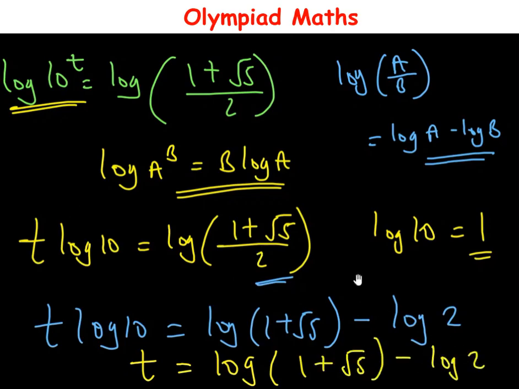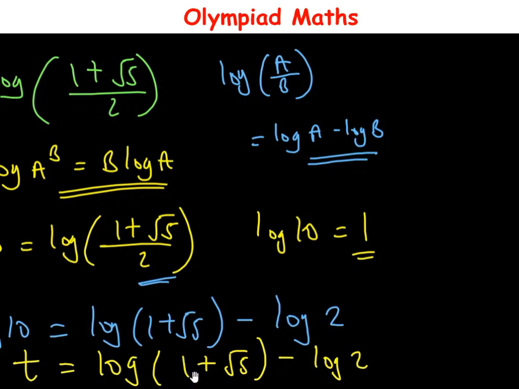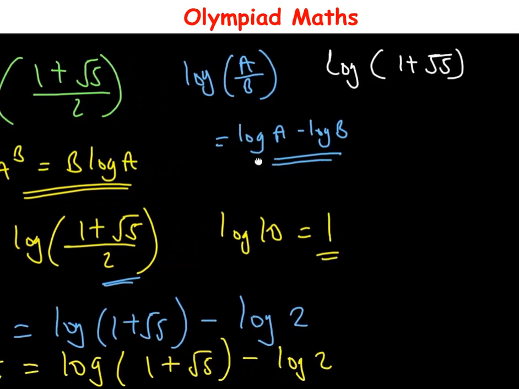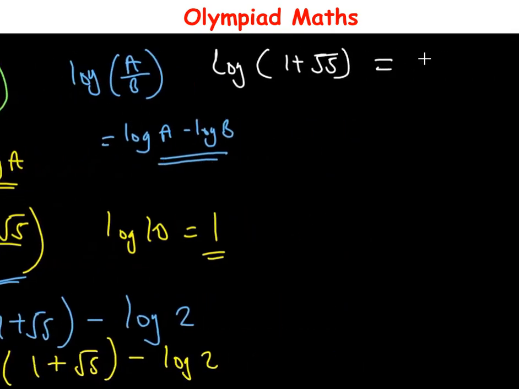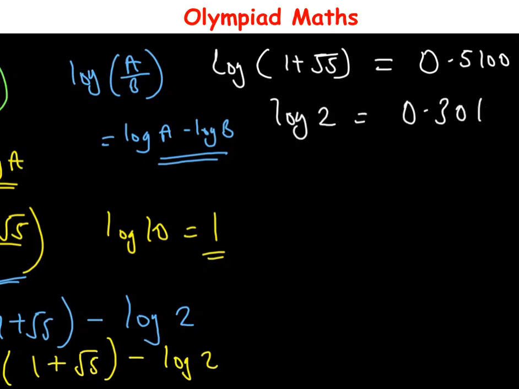So from here, to get the value of t, we look for the value of log (1 plus root 5) and subtract the value of log 2 from it. The value of log (1 plus root 5) is equal to 0.5100, and the value of log 2 is equal to 0.3010.